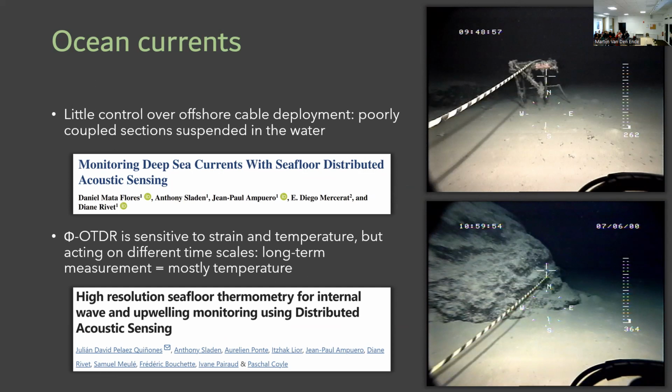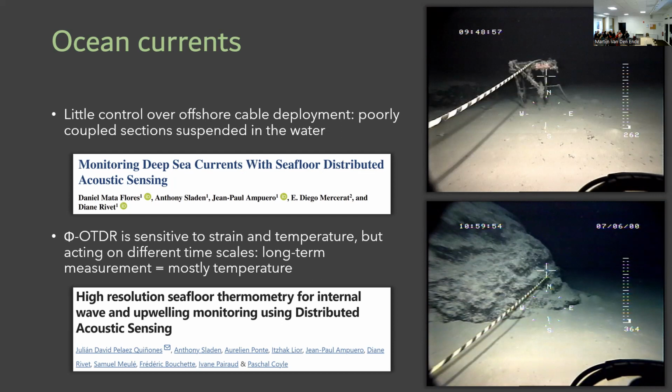Something somewhat related, but not necessarily acoustic or seismics, is that we can also record ocean currents in different ways. The first one makes use of the fact that we can't really control the deployment of cables offshore.